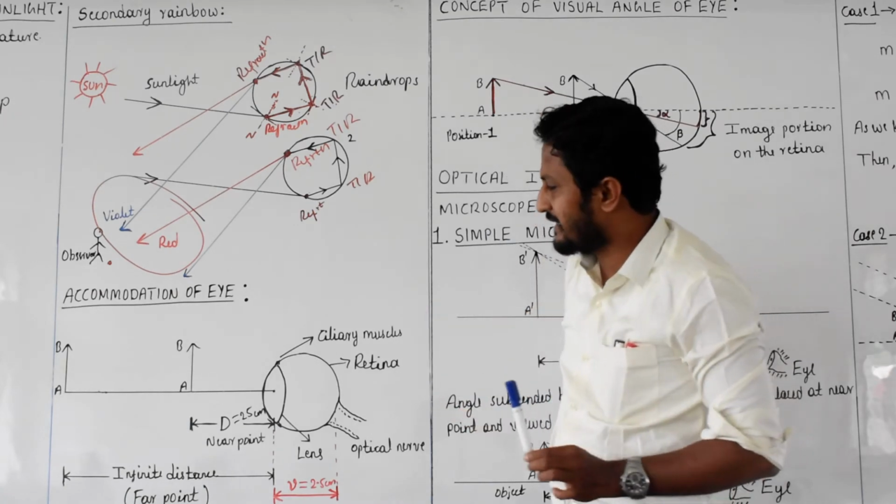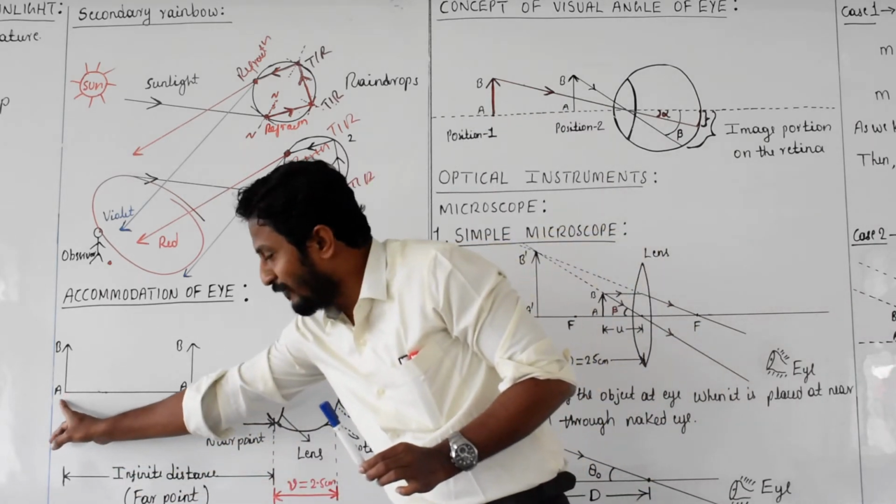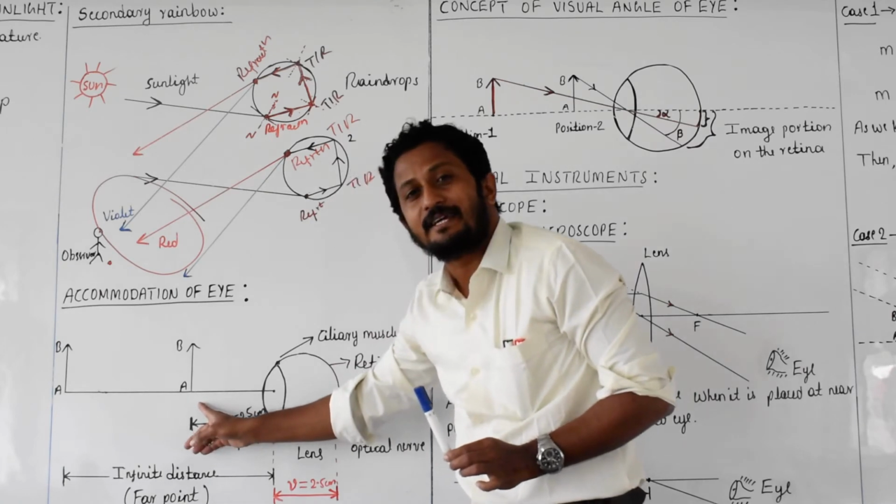What is happening there? This eye has 2 points, one as a far point and another as a near point.